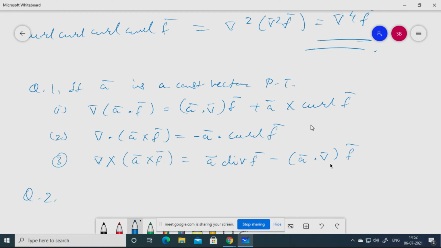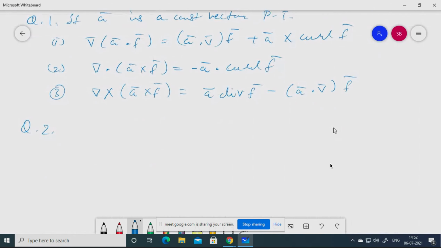Second question, prove that gradient of divergence of R bar by R is equal to minus 2 by R cube R bar.